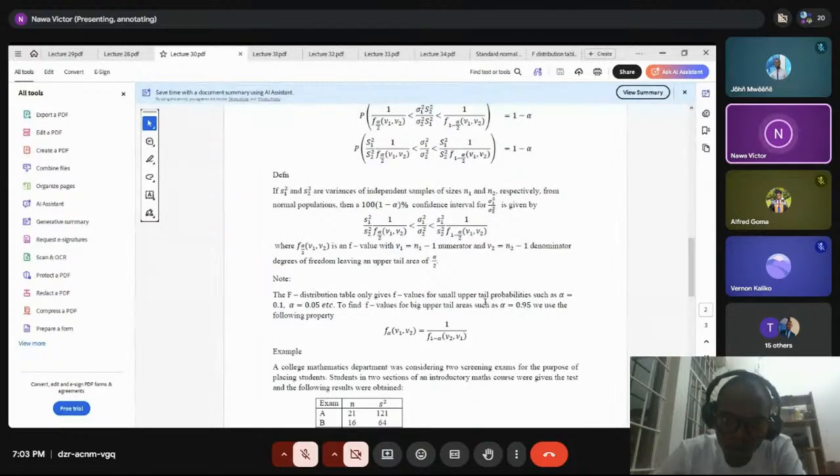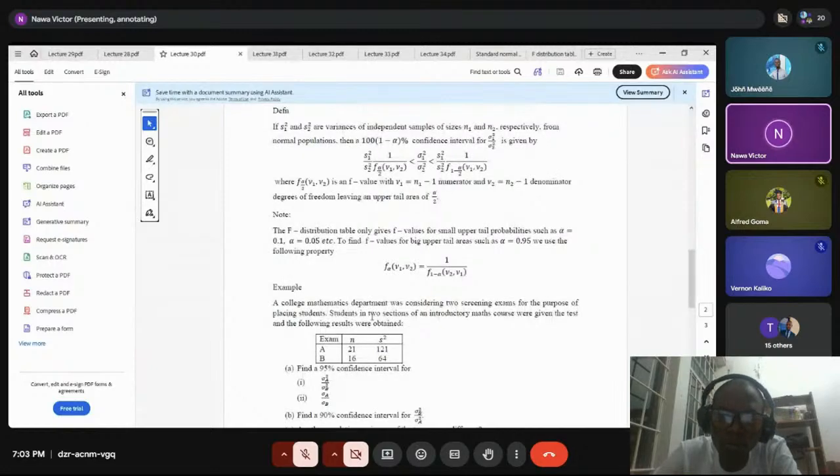So here is an example. A college mathematics department was considering 2 screening exams for the purpose of placing students. We have students in 2 sections of an introductory maths course that were given a test, and these are the results obtained.